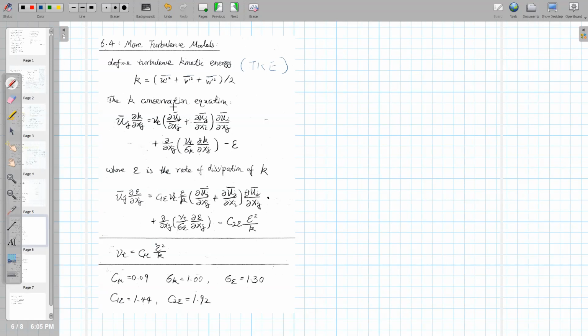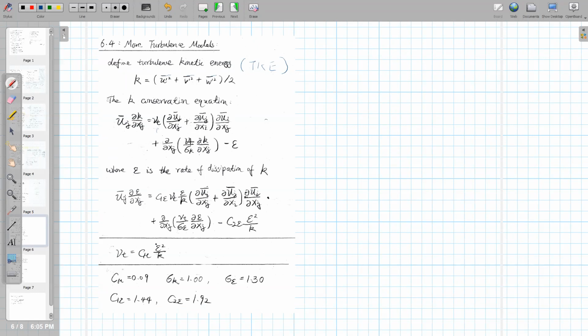You can derive the conservation equation for this turbulence kinetic energy, and you will have these terms: U_j average value times partial K over partial x_j, nu T, and terms with U_i, x_j, U_j, x_i. All this U is the average value, which is the unknown we want to solve.